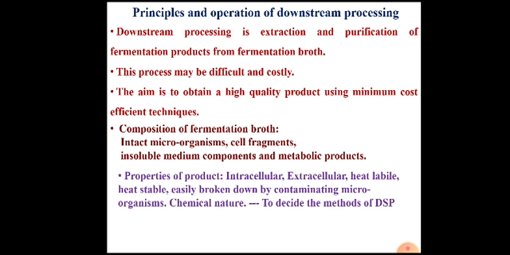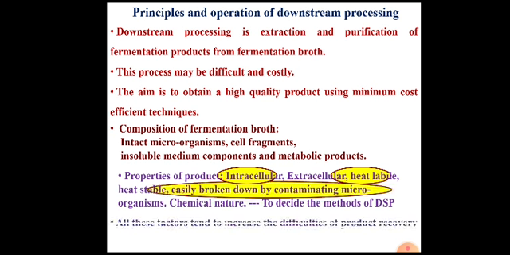So this is how the properties of the product are very important, and form the basis to decide the methods of downstream processing. In case of products which are intracellular, heat labile, and easily broken down by microorganisms, these characteristics need special care, and special equipment assistance is required.